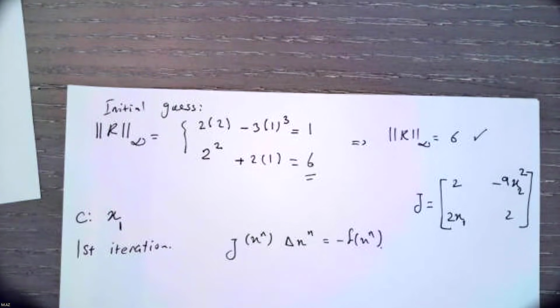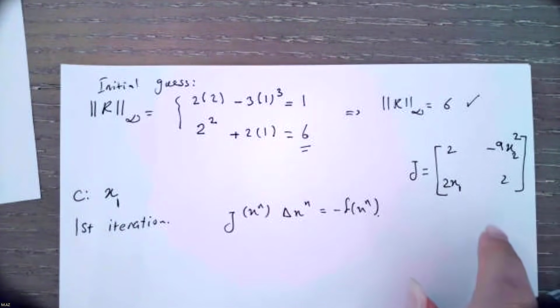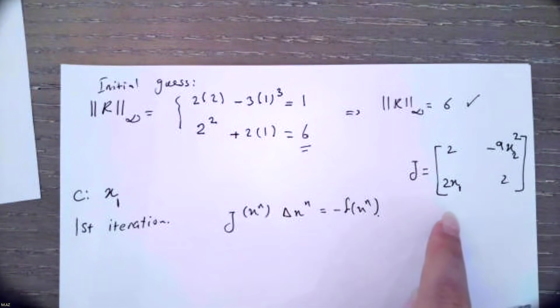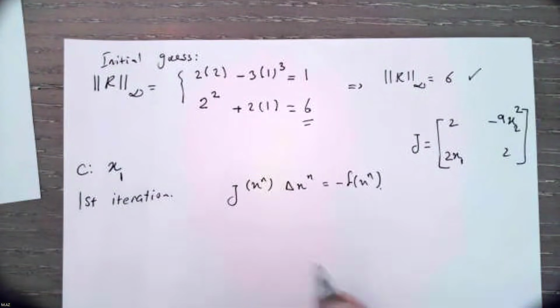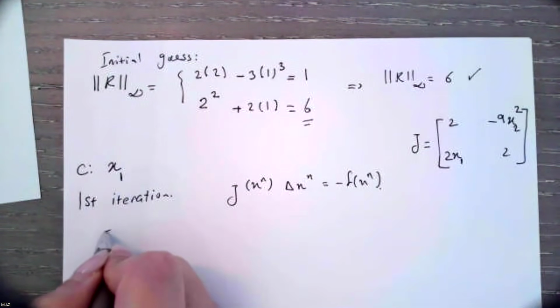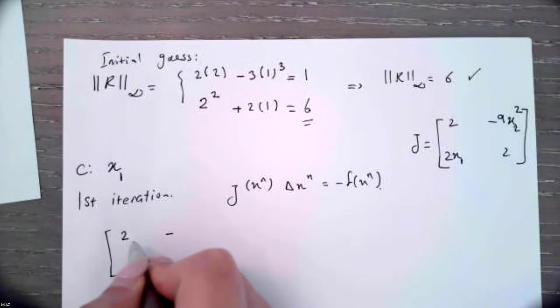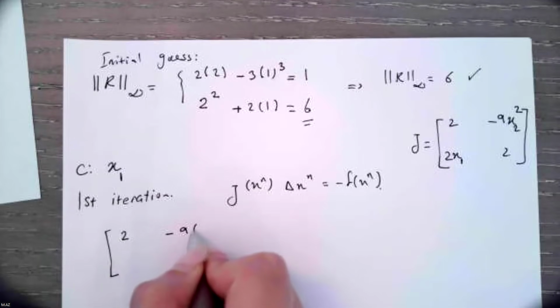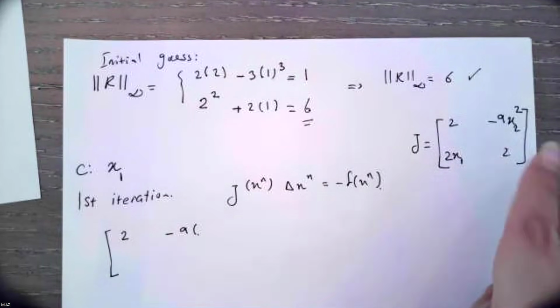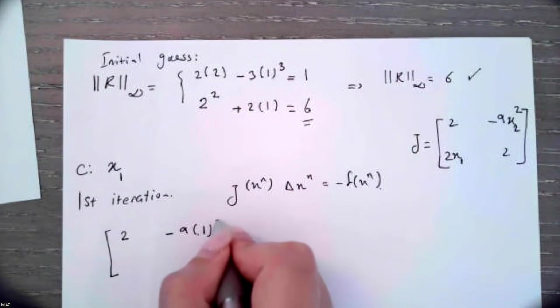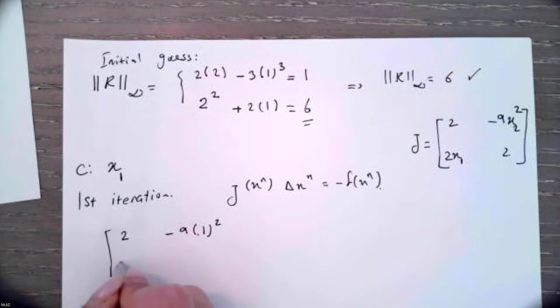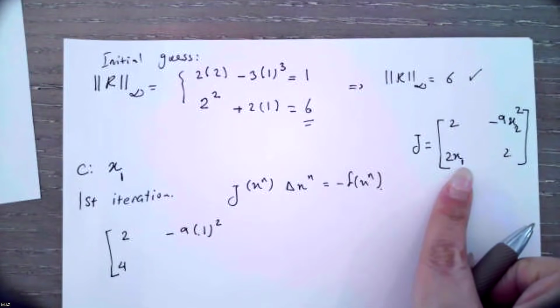And for each iteration, we have to update this value. Now, for the first iteration, we have to find the Jacobian matrix based on the initial guess. If I plug the initial guess into the Jacobian matrix, we have 2 as a constant, negative 9 times the initial guess for x sub 2, which is 1, and 2 times 2 as 4.